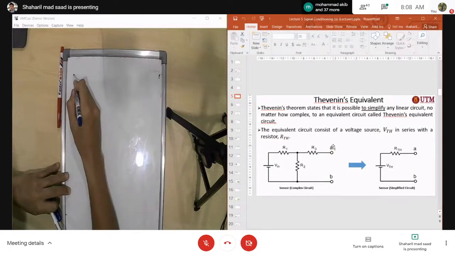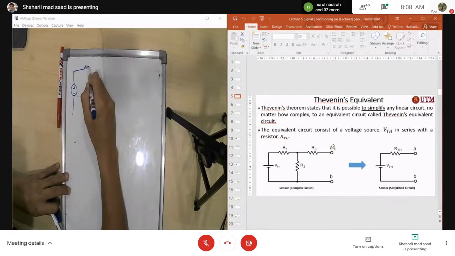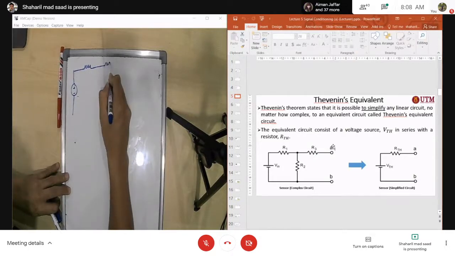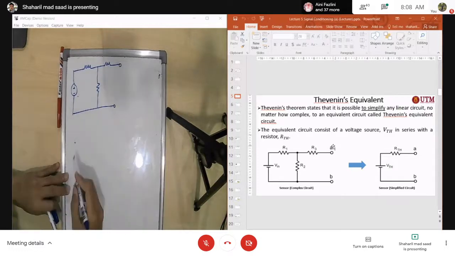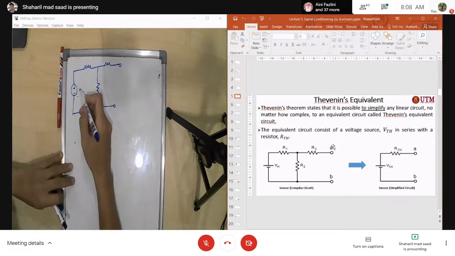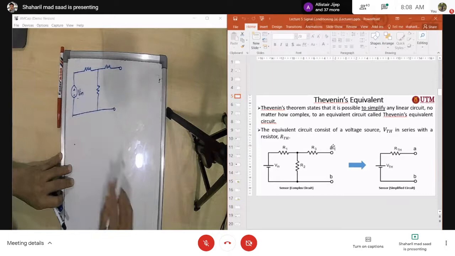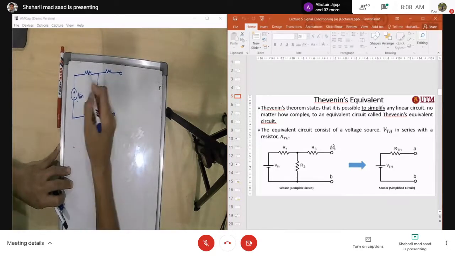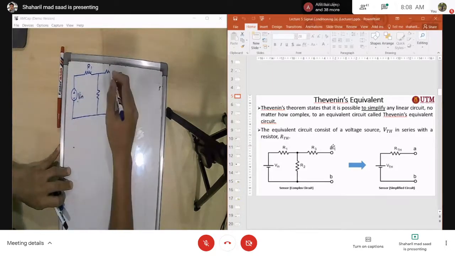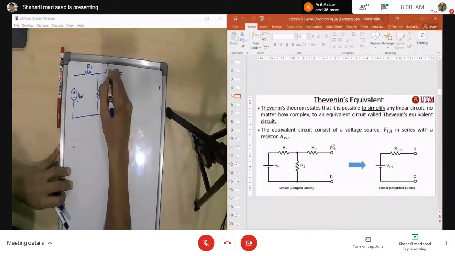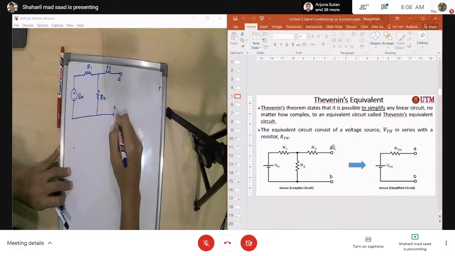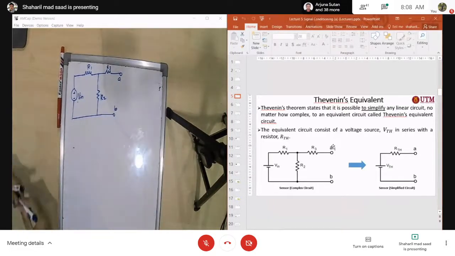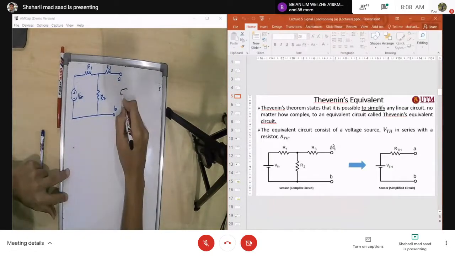For example, let's say this is your circuit. You have V in, this one is R1, this one is R3, and this one is R2. This is the point that you want to measure. And then the Thevenin circuit.